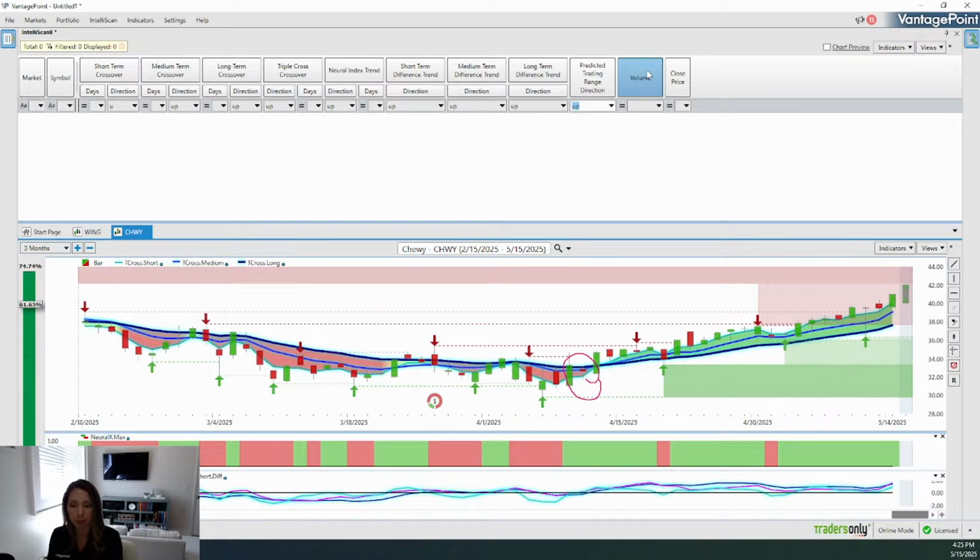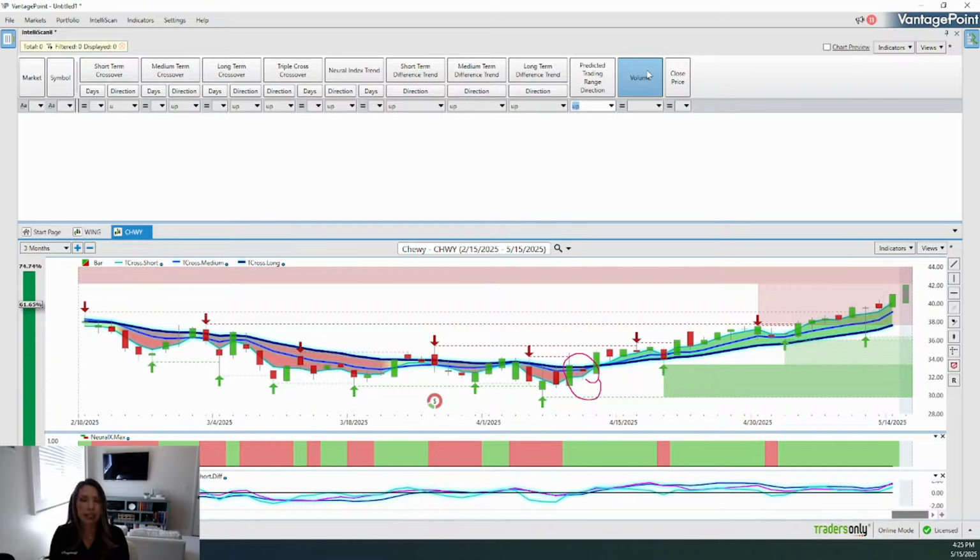Does anybody know what the purpose of scanning based on volume is? Yes, no, maybe so. Okay, I've got a couple of answers coming in. All right, liquidity, yes. So volume is going to help you better understand the liquidity of the asset.